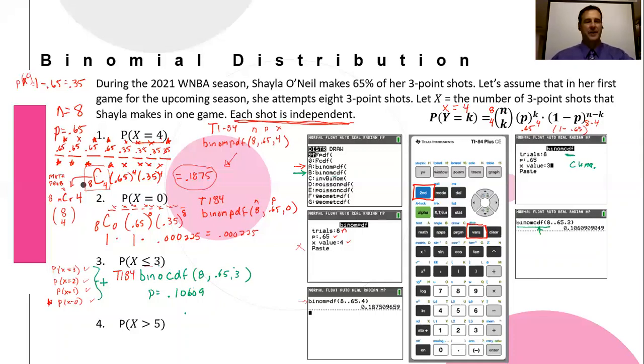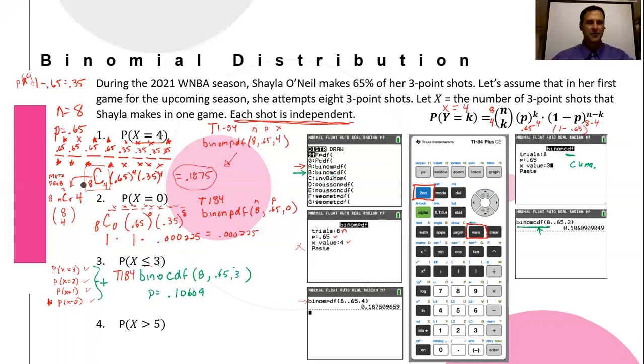All right, last one says x is greater than 5. When you see this inequality, many of you will say, that's kind of similar to what we did. The only difference is that it's going in the wrong direction. Do we have a third item where it goes the reverse direction for a greater than sign? The answer is no, there's not. It only goes from a value to items lower than that.